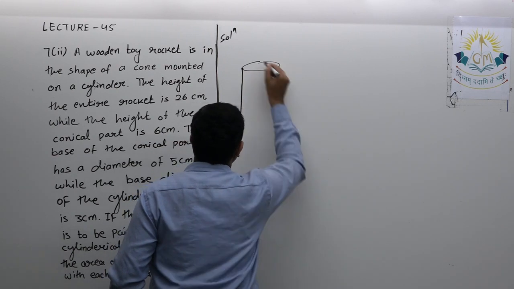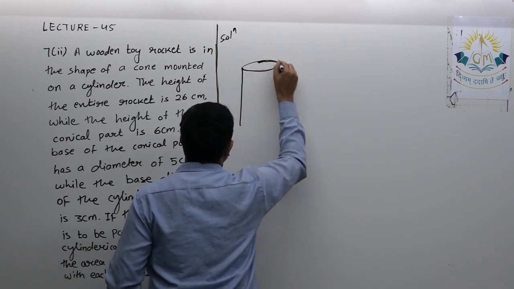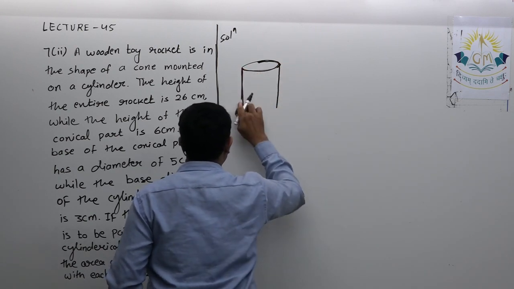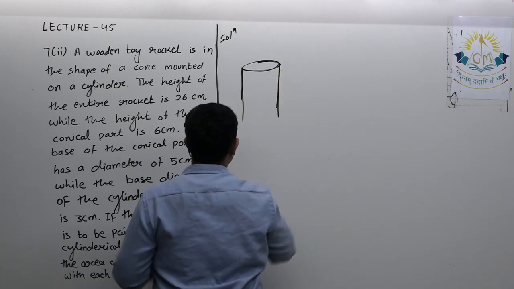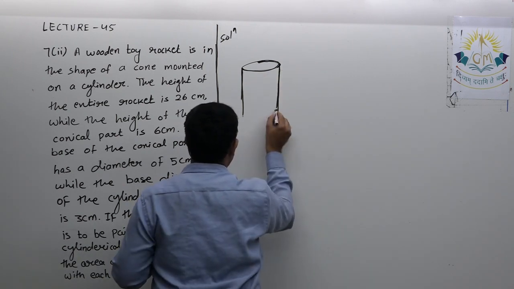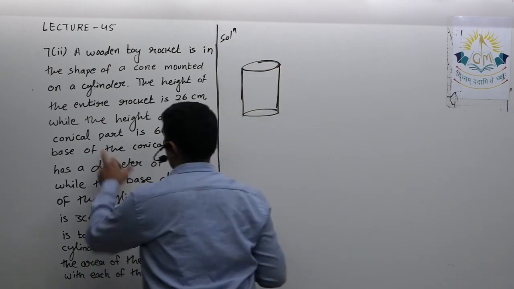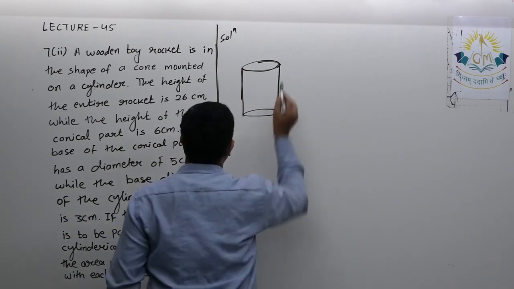Something like this is a rocket. And it is given the diameter of the conical part is a little bit more.